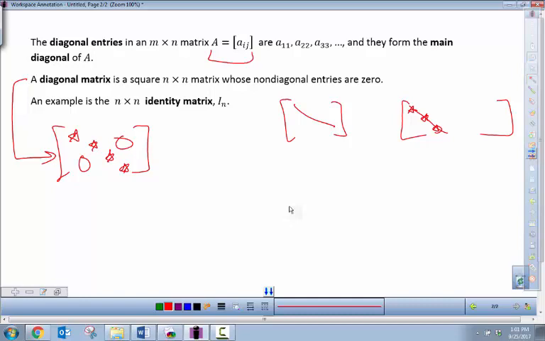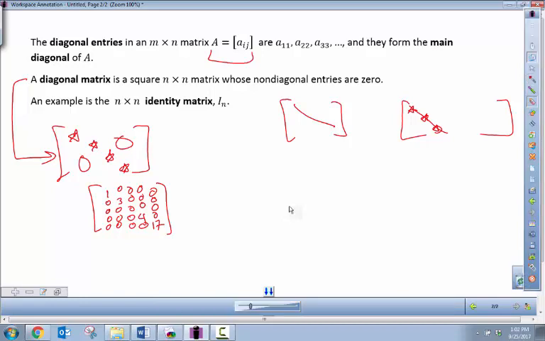So as long as there exist some non-zero values in the diagonal, then we call this a diagonal matrix. More importantly, as long as it's zeros everywhere else, we'll call it a diagonal matrix.